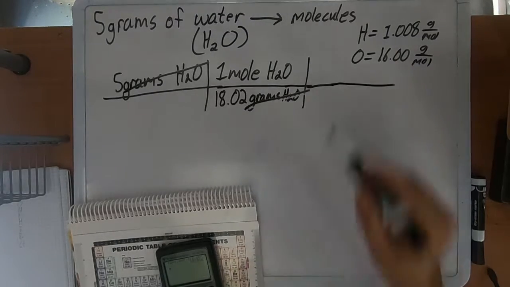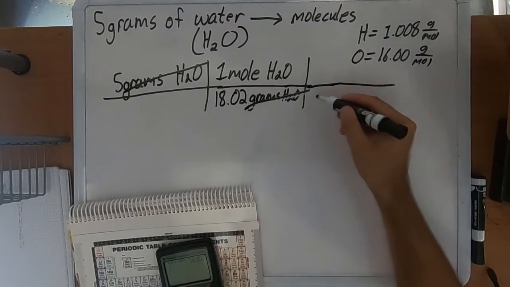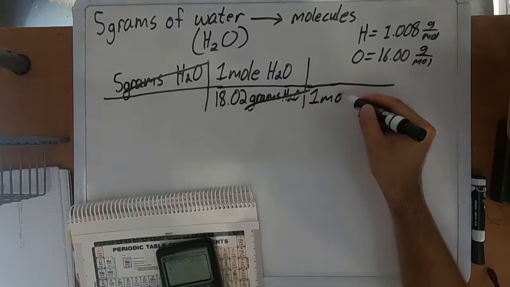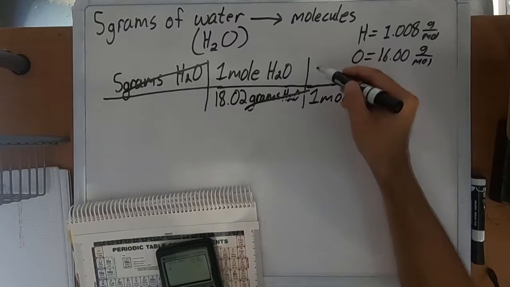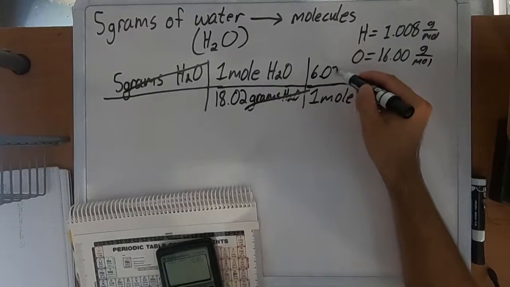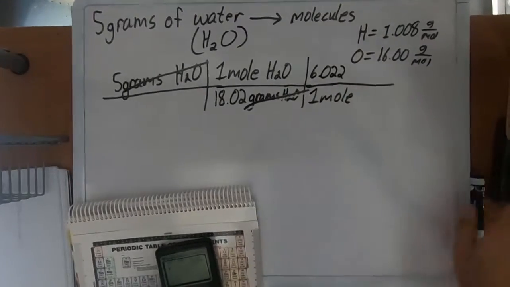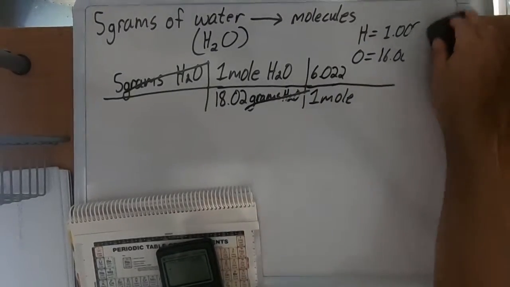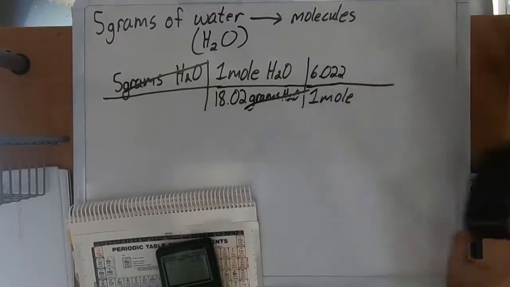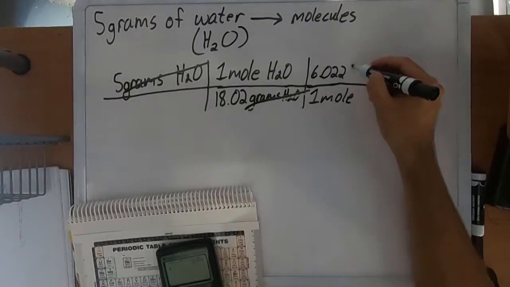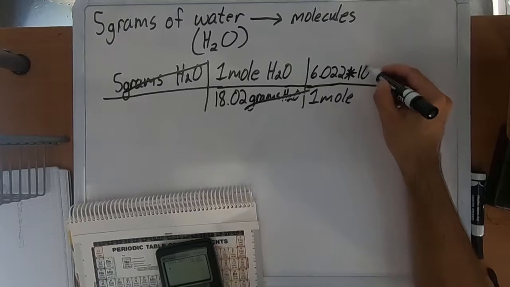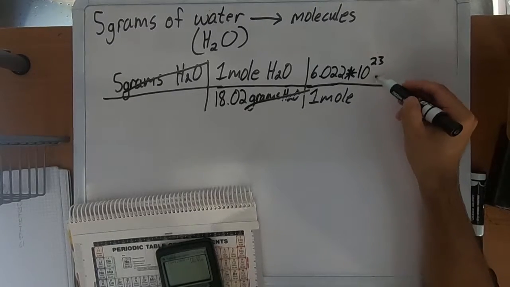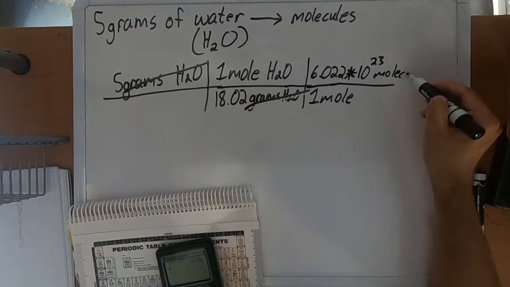Okay, so now we got to convert moles to molecules. Well, 1 mole of anything is going to be Avogadro's number molecules.